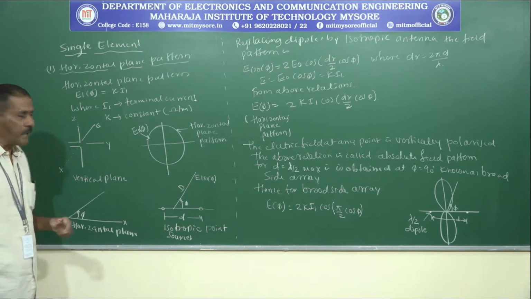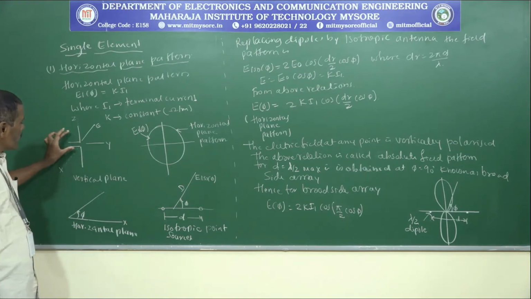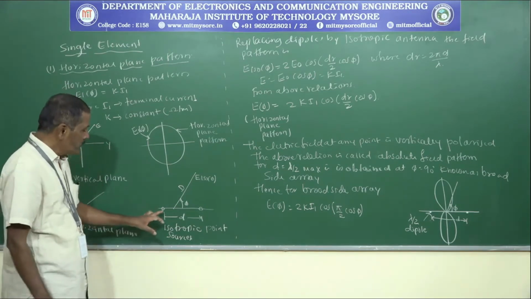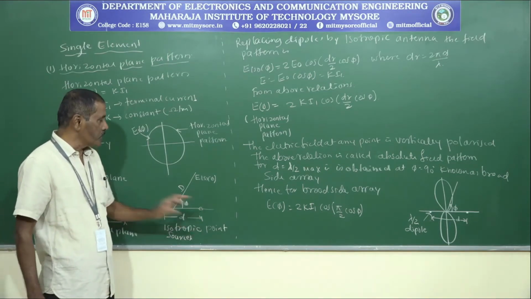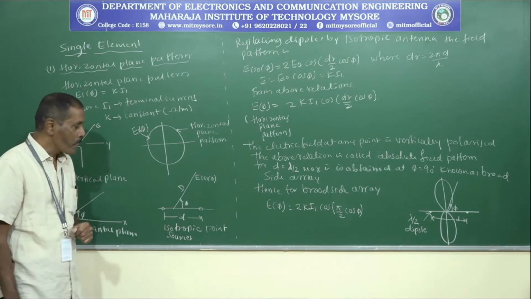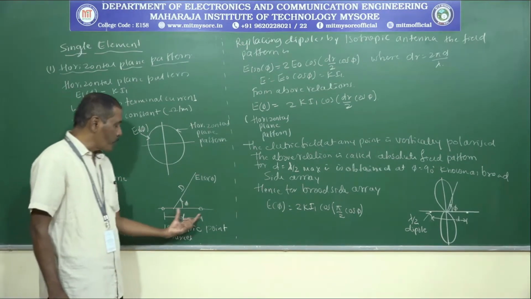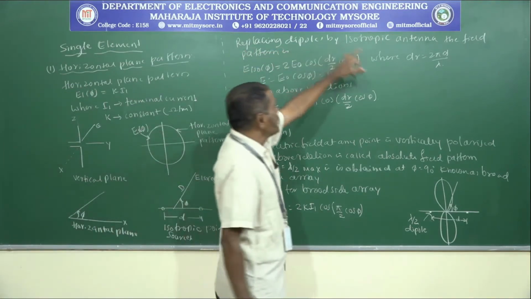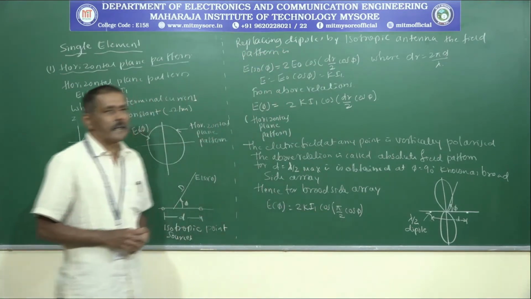What next we are doing is that we will replace this single element by two isotropic point sources. This is one isotropic point source and this is another isotropic point source, and these isotropic point sources are separated by distance d.